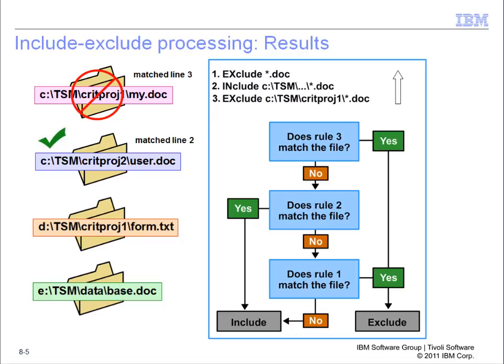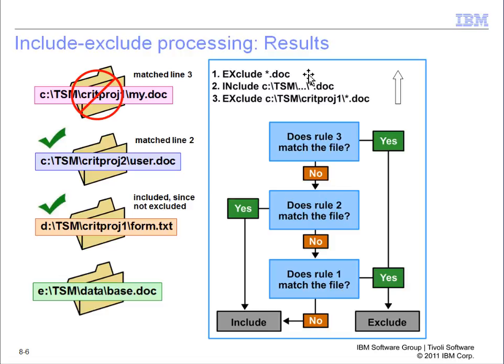No, it doesn't. Since it's not excluded, it's going to be included. And our final file here, tsm data base.doc. Does it match rule 3? No. Does it match rule 2? No. What about rule 1? Does it match rule 1? Yes, it does.